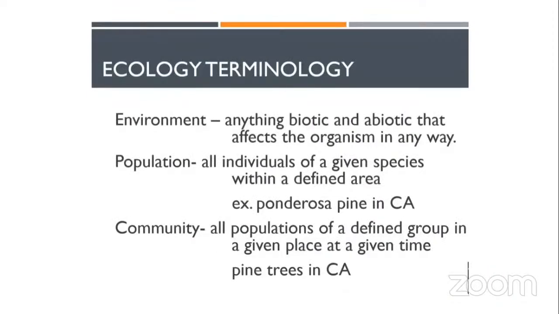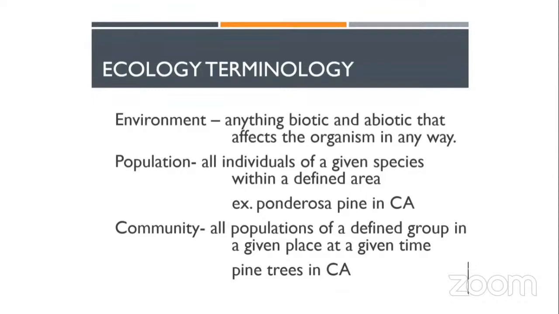And other ecological terminologies. So what is environment? As you say, anything biotic and abiotic that affects the organism in any way. Population is all individuals of a given species within a defined area. So for a population, we have to define an area, and then the number of individuals will constitute the population.